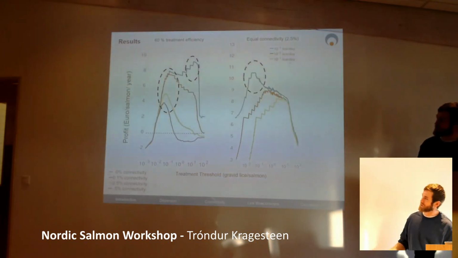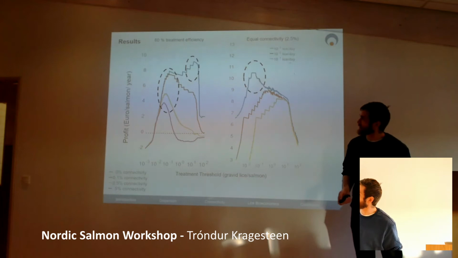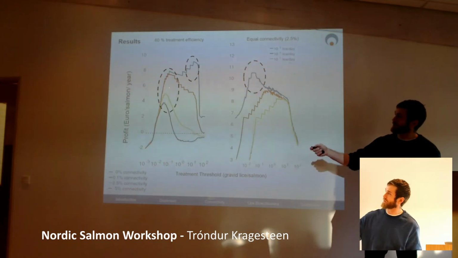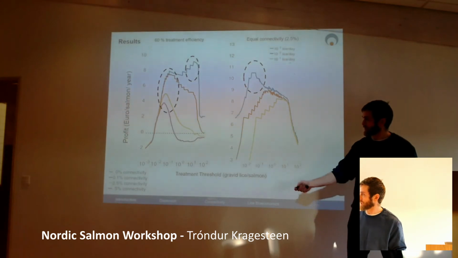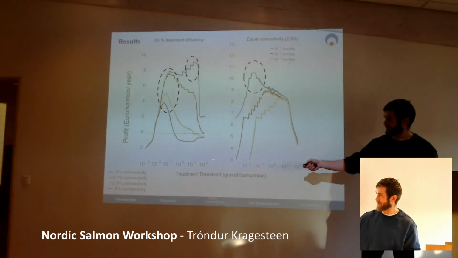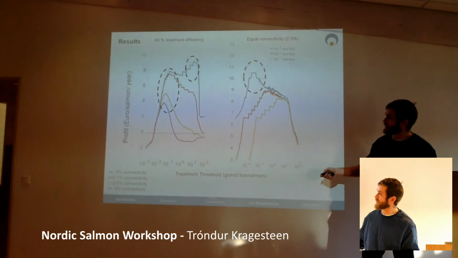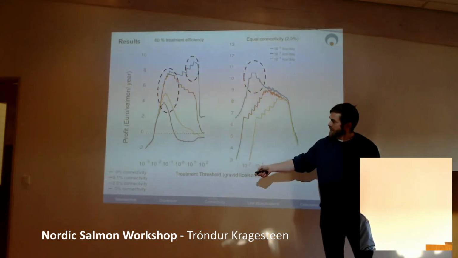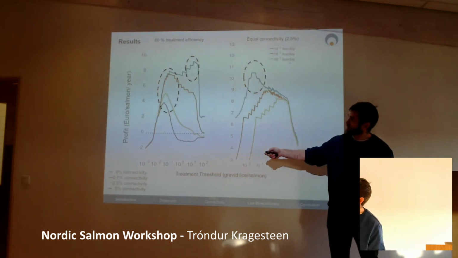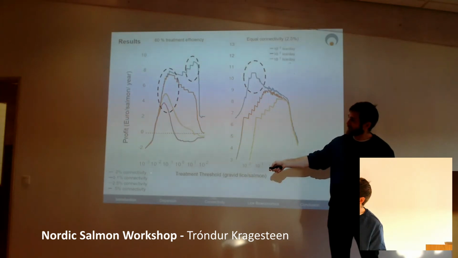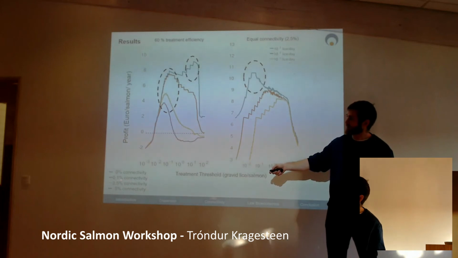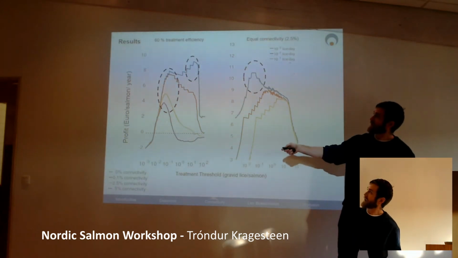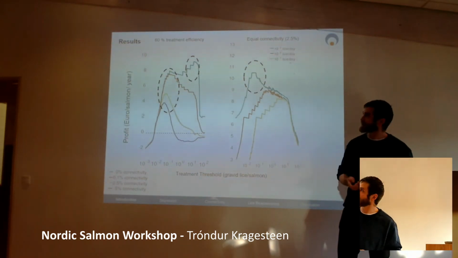So we've tried to sum this up more clearly. Here again you have profit per salmon per year, and treatment threshold on a logarithmic scale on the x-axis. Here you have a system where we looked at 0% connectivity, so an isolated farm, and 0.1, 2.5 and 5% connectivity between the 5 farms.